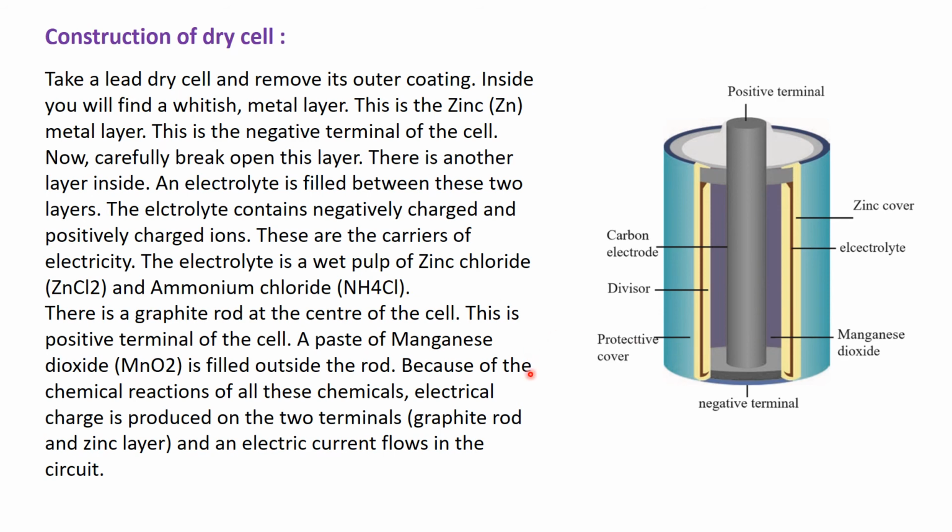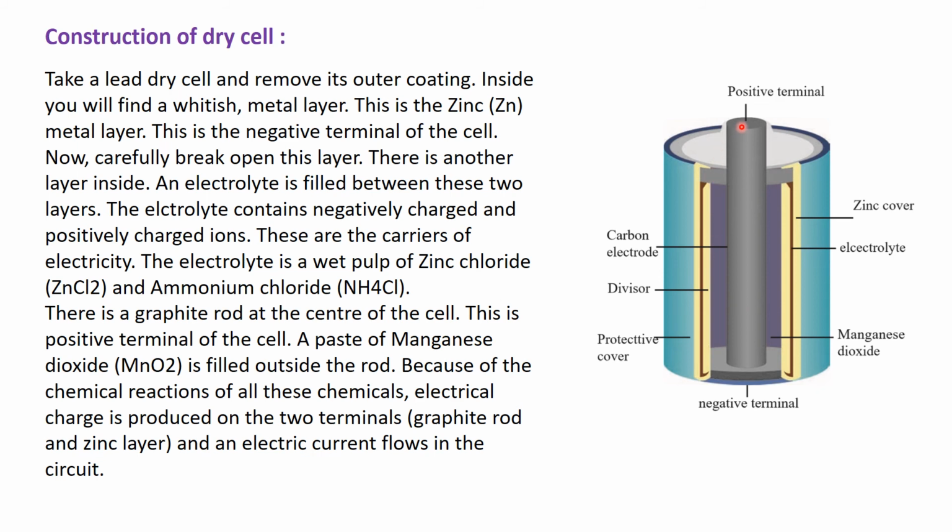Because of the chemical reactions of all these chemicals, electrical charge is produced on the two terminals, positive and negative.